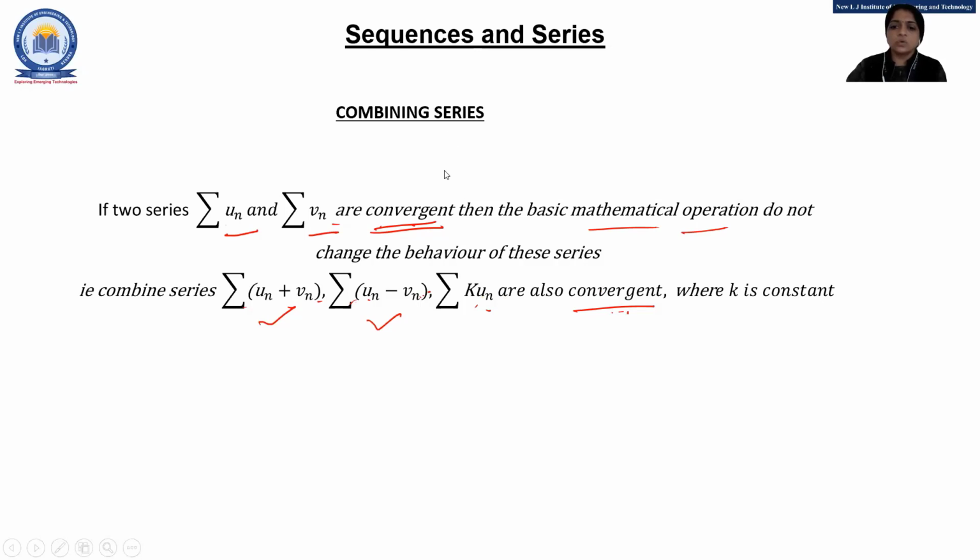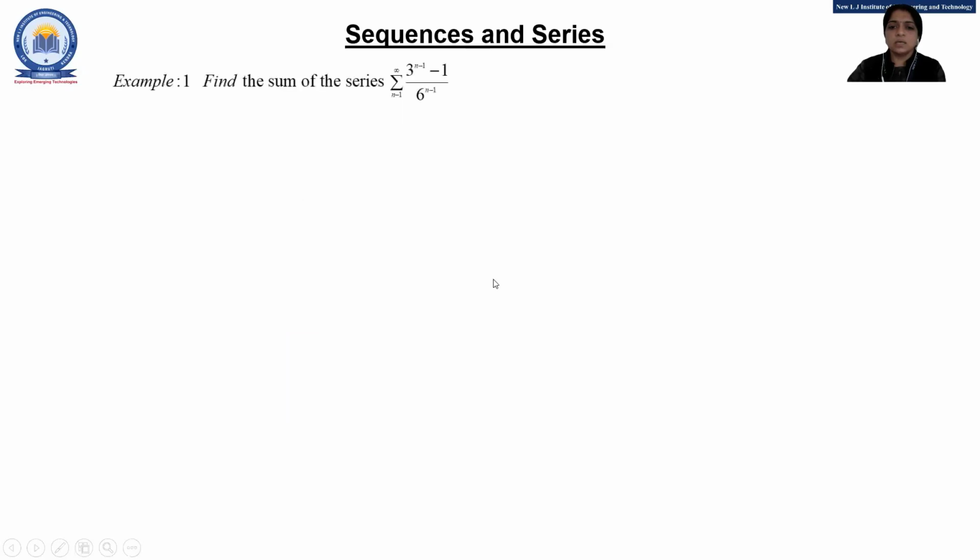Okay, so let's start some examples on combining series. Our first question is: find the sum of the series summation n equals 1 to infinity 3 raised to n minus 1 upon 6 raised to n minus 1. Let's start the solution.